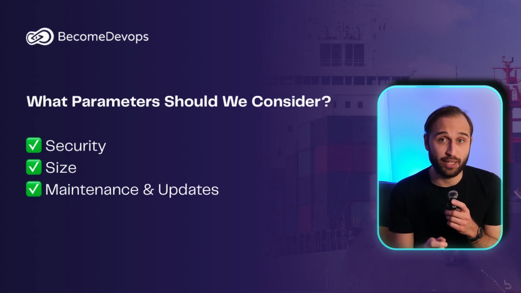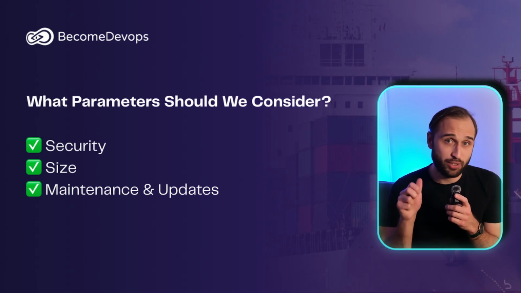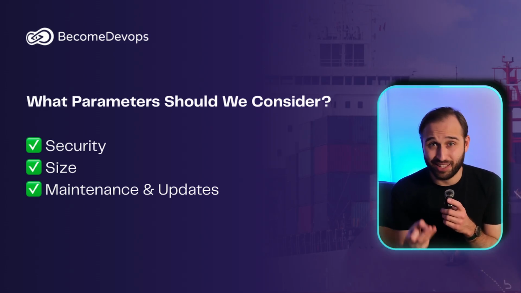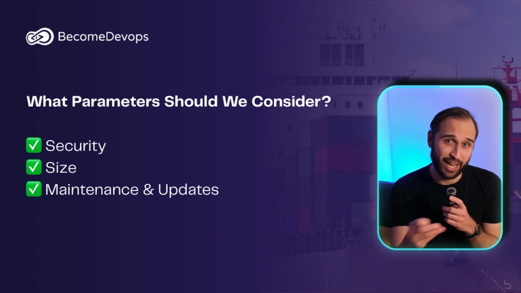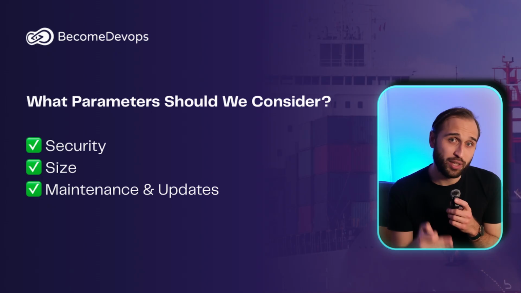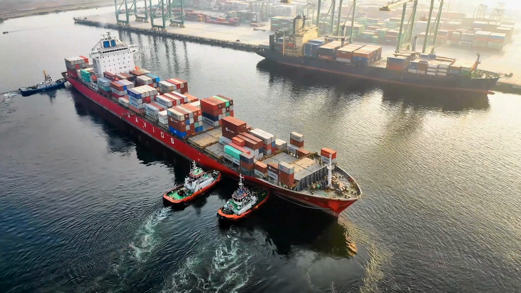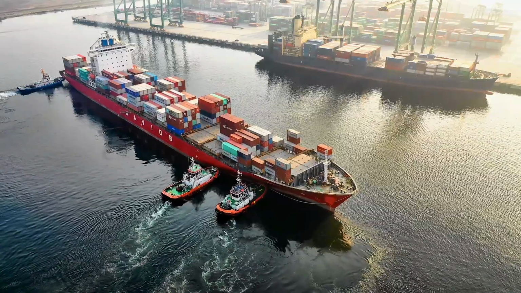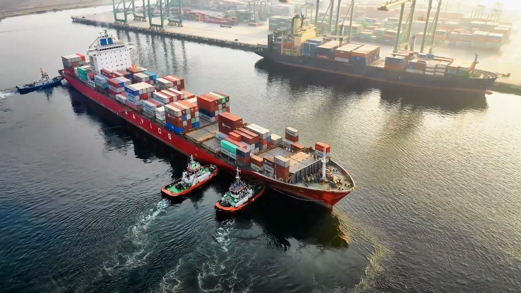Let's not forget about the documentation and community support. Official images have better documentation, predictable behavior, fewer surprises, and a large community that quickly catches and fixes issues. So when something goes wrong, you know that you are not on your own. There are thousands of developers that have already solved the same exact issue.